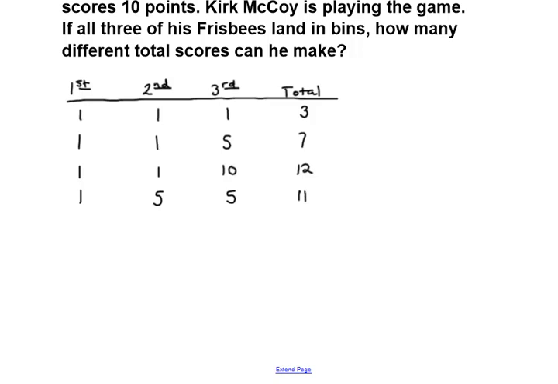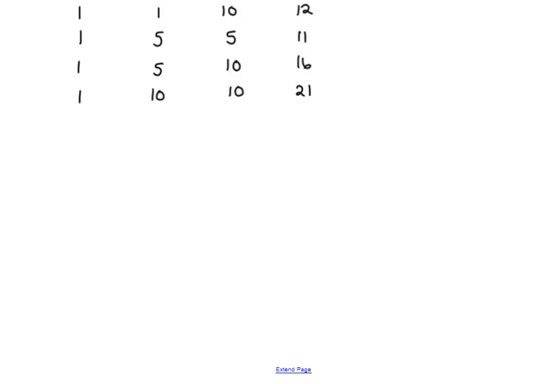Okay, another one, we could land in the large bin, the medium bin, and the small bin, and that comes up to 16 points. We could land in the large bin, the small bin, and we could have 21 points. I think those are all the possibilities if we land in the large bin the first time.